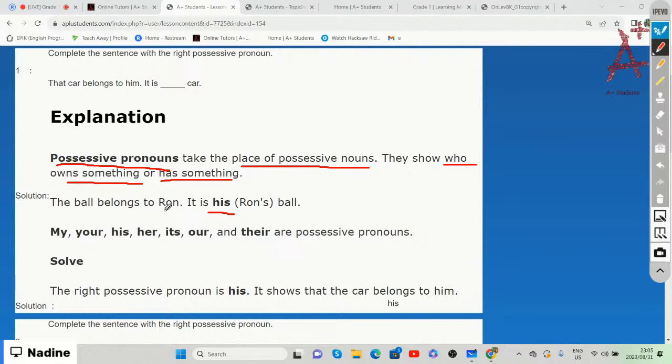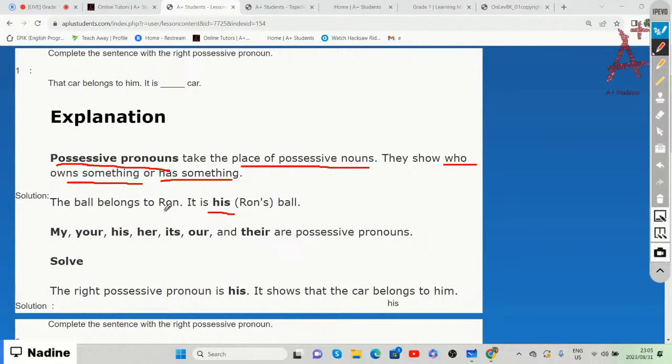A few possessive pronouns, right? So possessive pronouns take the place of possessive nouns and show who owns something or who has something.